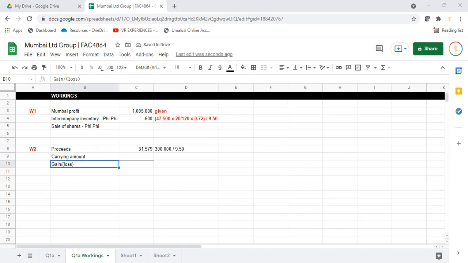How many shares does Fifi have? Fifi has 500,000 shares. So the number of shares that we acquired was as follows.